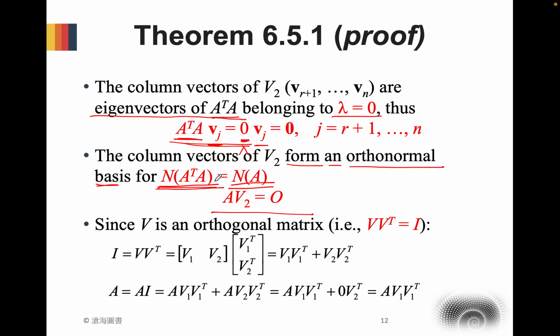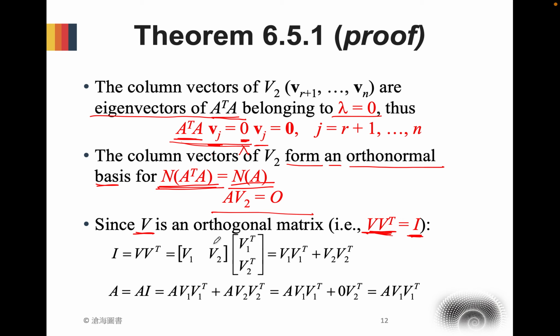Now, since the matrix V is an orthogonal matrix, that means V times V transpose is equal to the identity matrix.